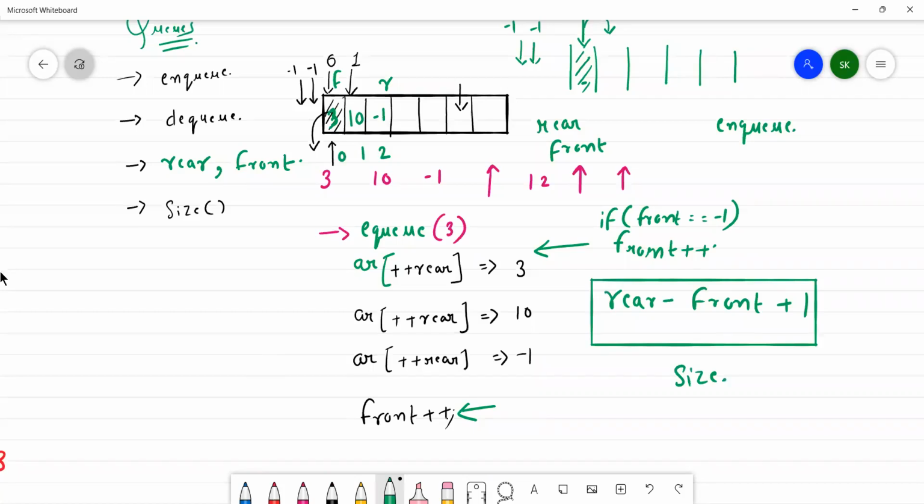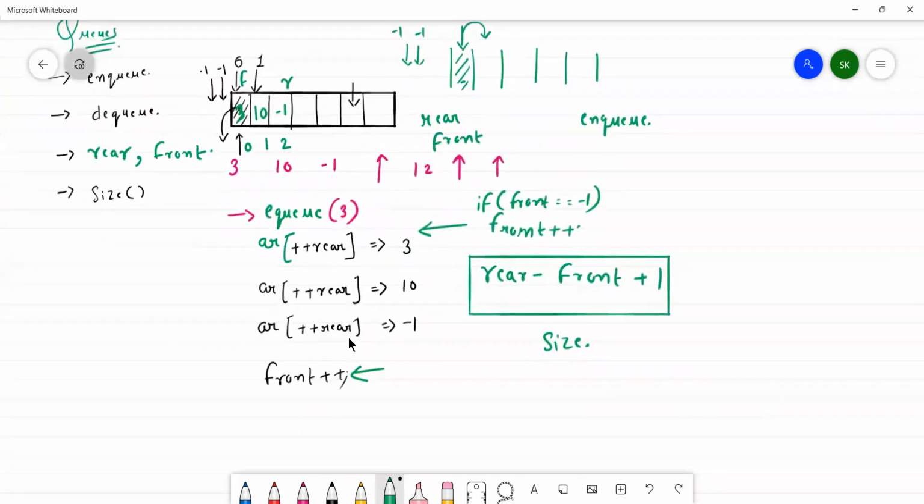Clear? Vishnu, is it clear to you now? I still have a doubt: when we are doing the DQ method, the size prior to deletion would be 3, post deletion it would be 2. So which one should we consider? Obviously, you have to consider 2 because the element is already deleted now. Post DQ it will be 2, and before DQ, it will be 3. Okay, clear.